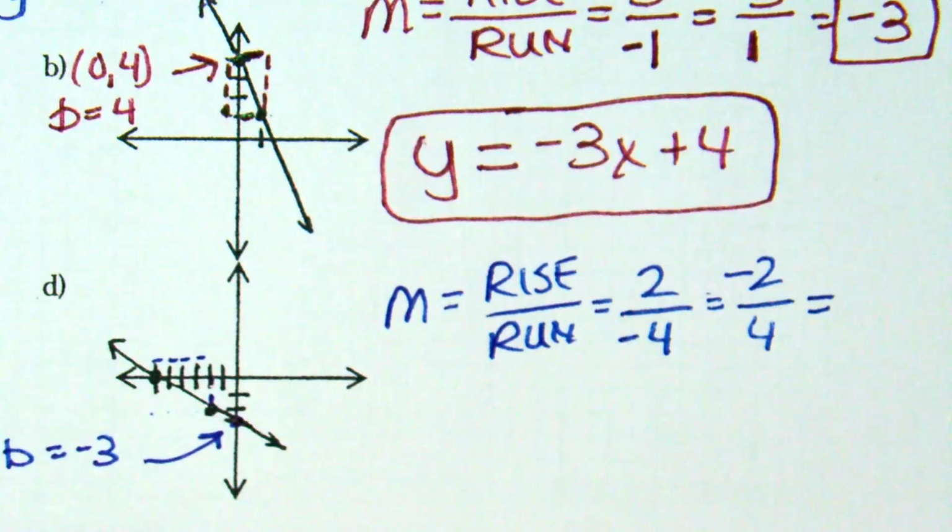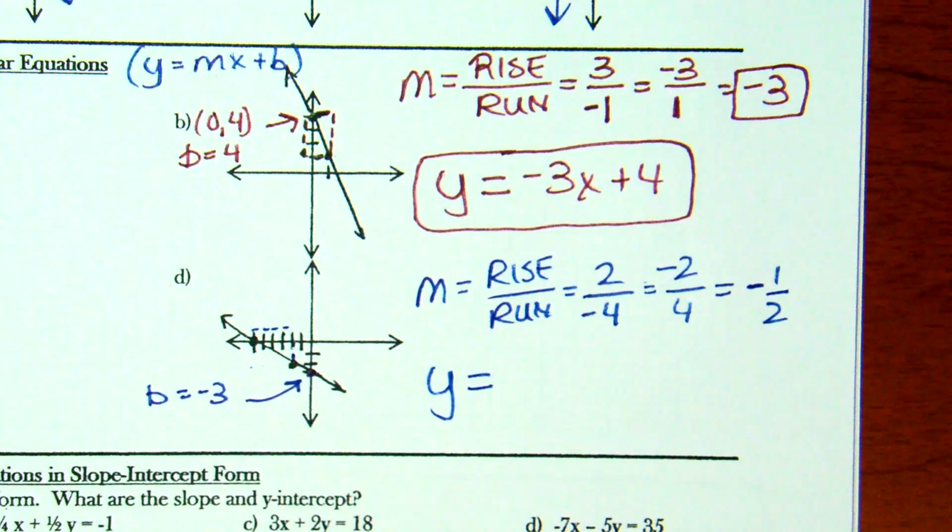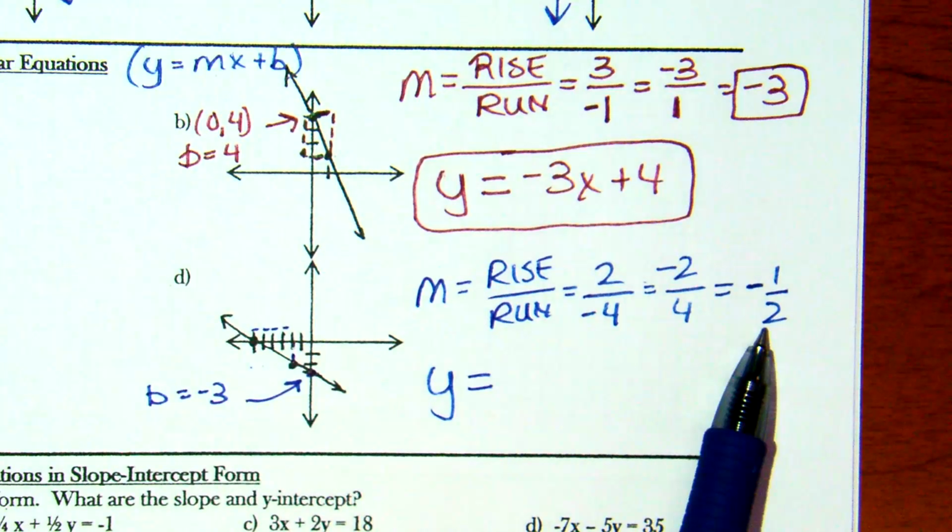Okay. There you go. Y equals negative 1/2 x minus 3. We got it.